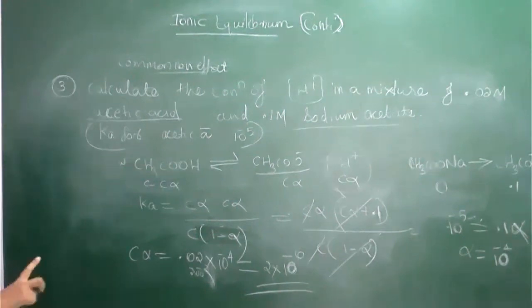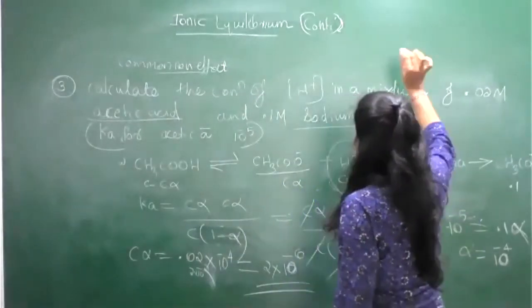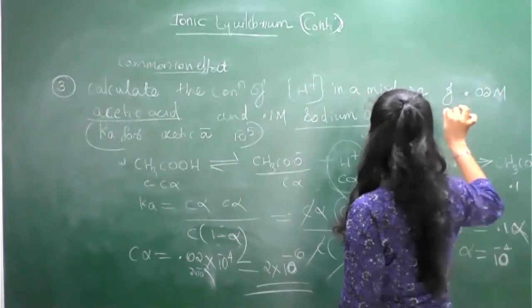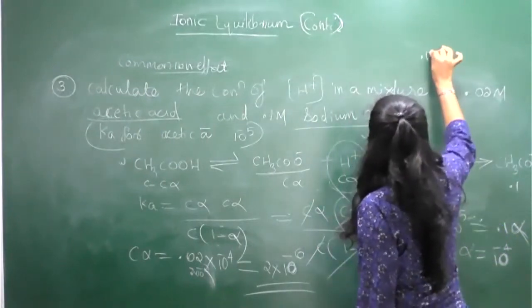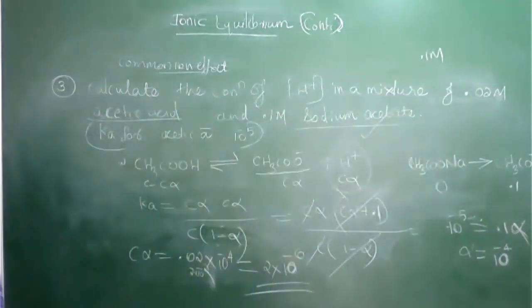One more thing, you finish this one, but one thing, students. Here, what about the strong electrolyte, sodium acetate? Concentration becomes 0.1 molar.